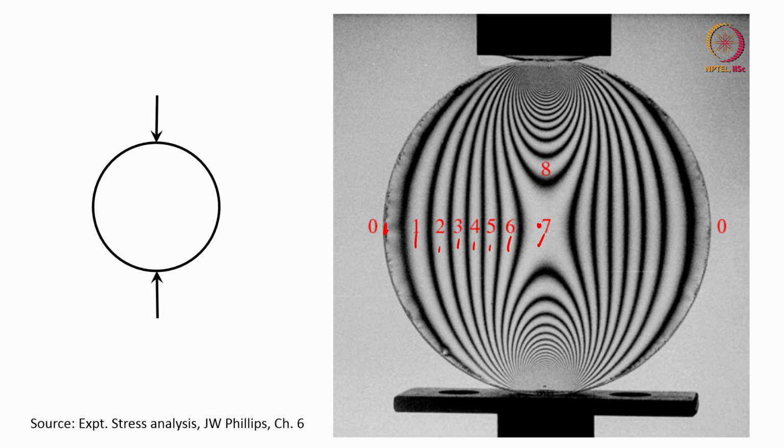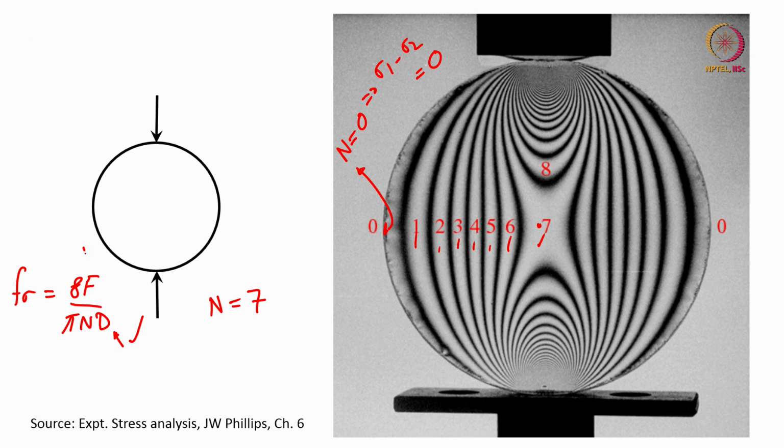Sigma 1 minus sigma 2 is 0 here, so you have the 7th fringe. So, you have to use n equal to 7, and you can calculate f sigma is equal to 8 F by pi n D. You know D, you know F, because that is the load you have applied.